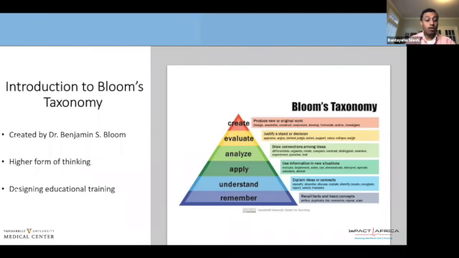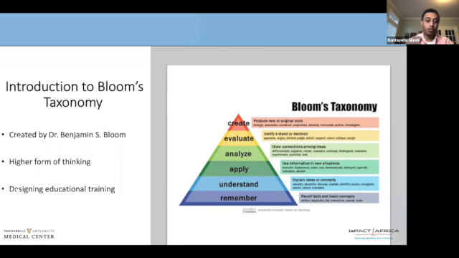The second one is Bloom's taxonomy. Bloom's taxonomy was created by Benjamin Bloom in the 1950s. His idea was that as educators, we need to think about higher forms of thinking and be able to separate what we teach into levels: is this something as simple as remembering, or is this something that requires creating?